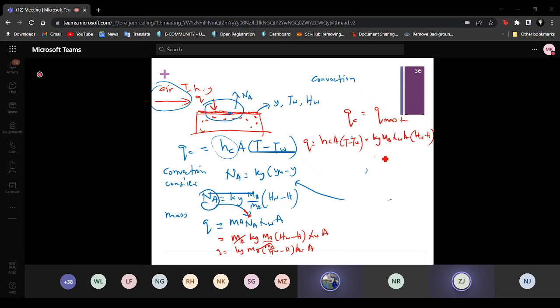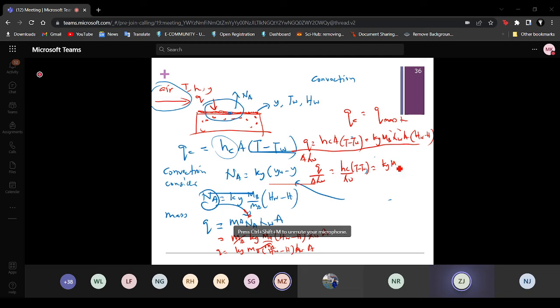So in this case, we want to remove the A and also the latent heat. So everything is divided by A and latent heat. So now Q over A latent heat equals HC, A is cancelled, over latent heat (T minus TW) equal to KY MB (HW minus H).